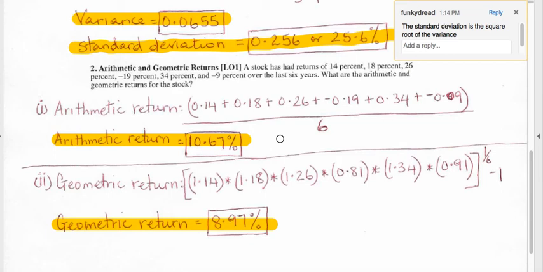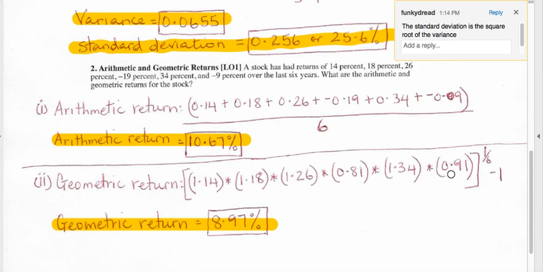For the geometric return, I want you to pay close attention. Remember, we said it's a compound return. So 1.14 times 1.18 times 1.26 times, remember it's negative 19%. So 1 plus negative 0.19 is 0.81 times 1.34 times, once again we have negative 9.